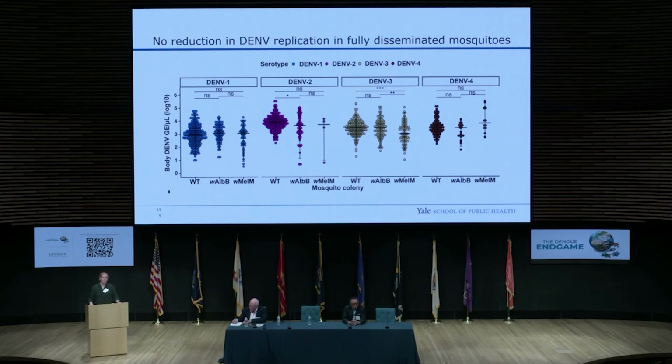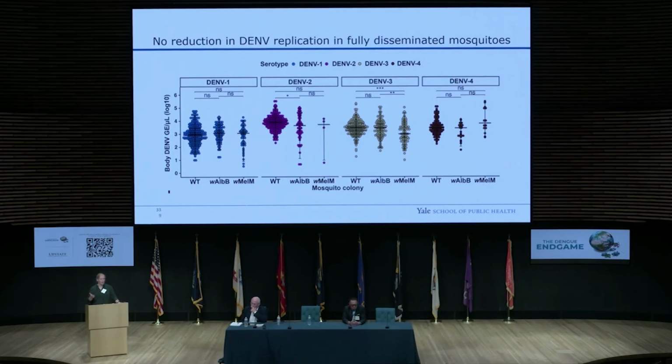Because previous studies have shown that there's clear reductions in replication where you would expect to see lower titers. In our case, if we look at the mosquitoes that do become infected and have a disseminated infection, we really don't see major differences in the titers that these viruses reach.